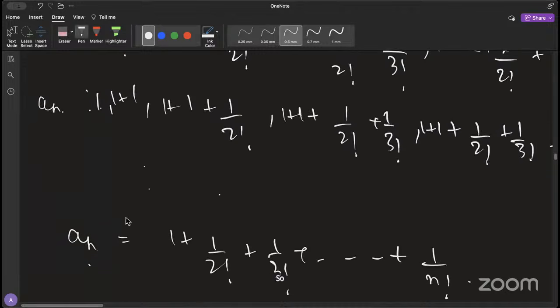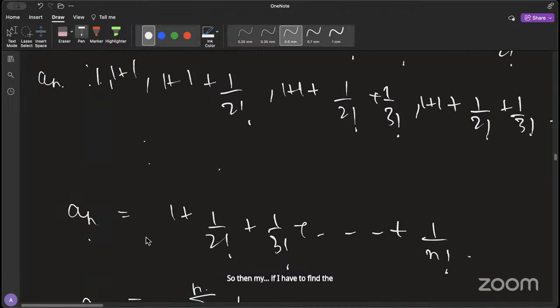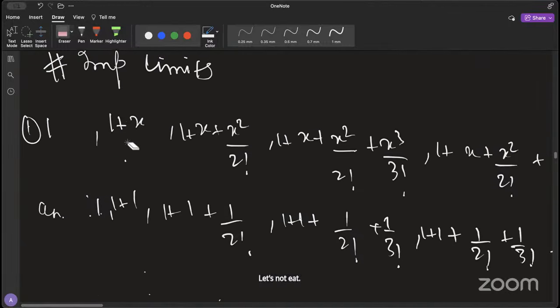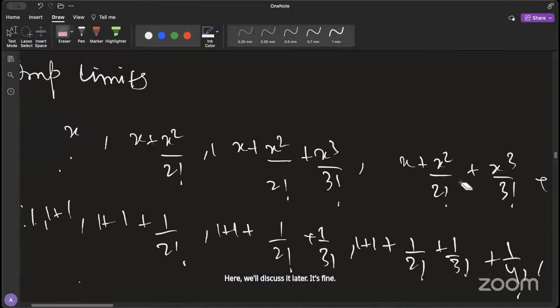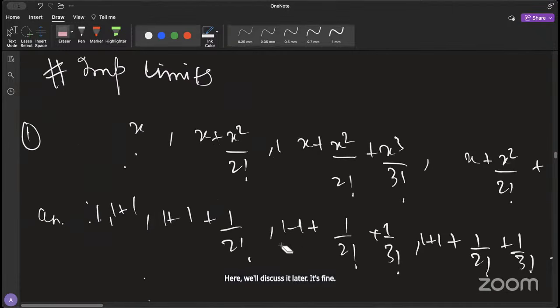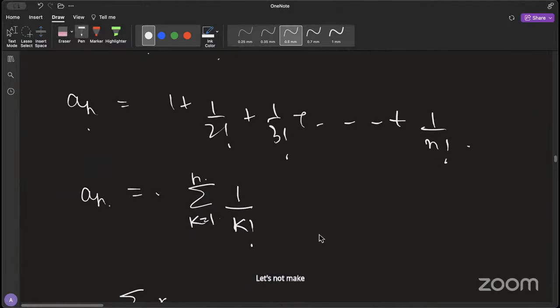So then if I have to find the nth term here, let's leave this out of here. We'll discuss it later. It's fine. Let's not make any changes still here.